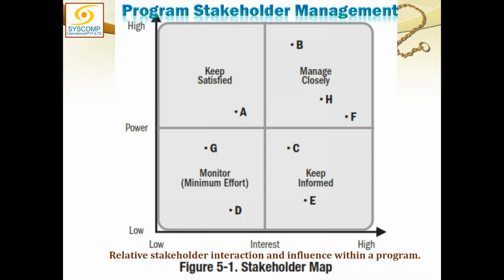G will grow out to be high in power. He will enter the top left quadrant. So I can somehow predict these kinds of things. And actually, if you keep plotting the current status of stakeholders, you would see how they are moving.